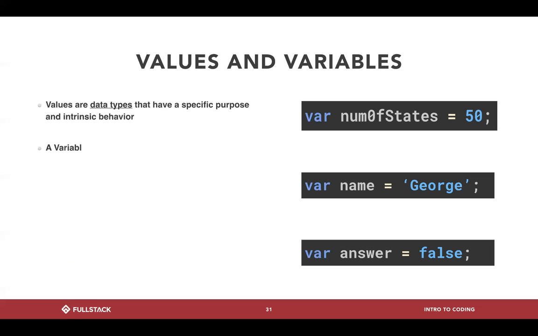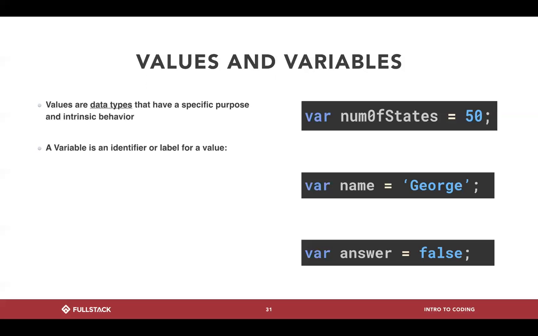A variable is an identifier or a label for that value. It's something that you can attach a value to, and it will store that value.